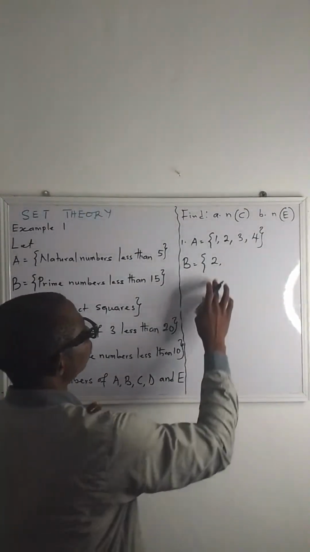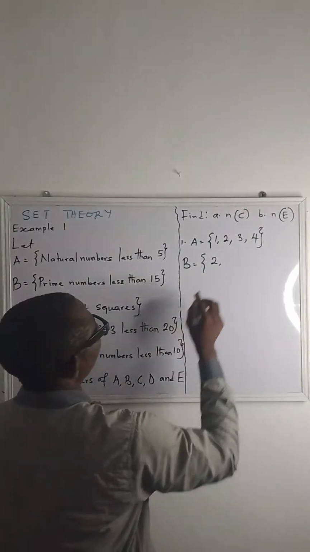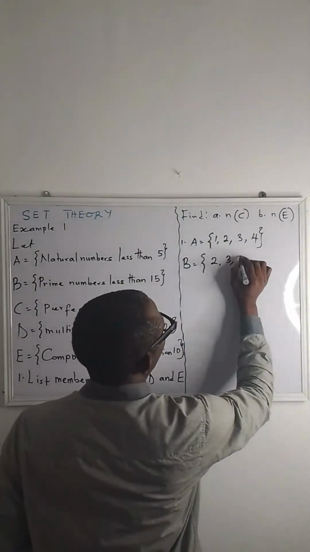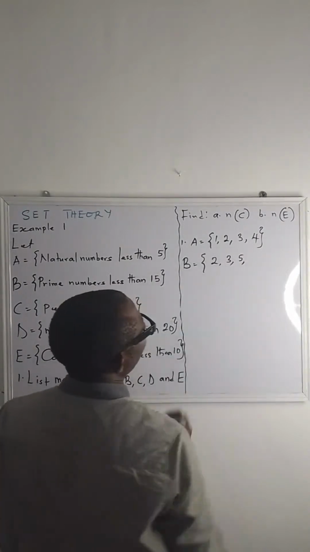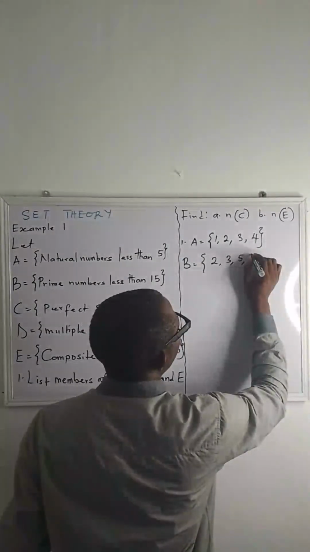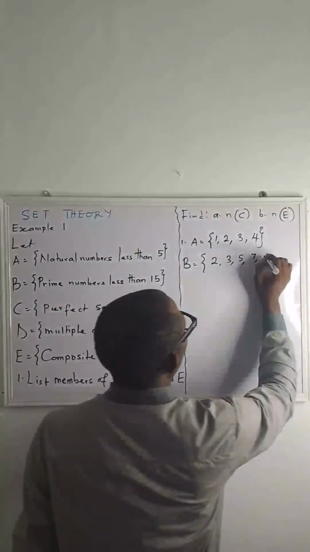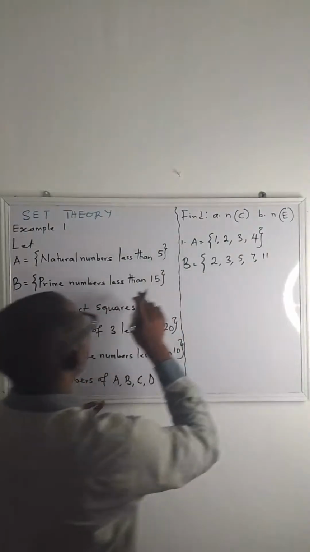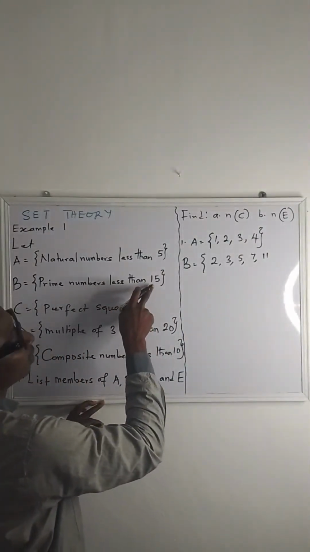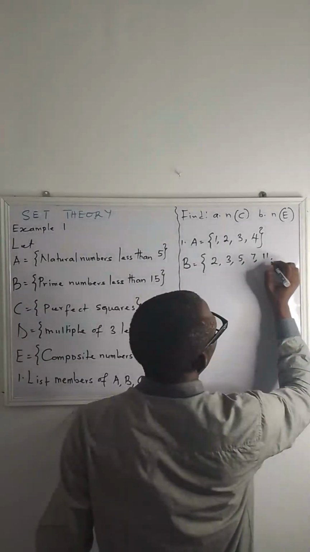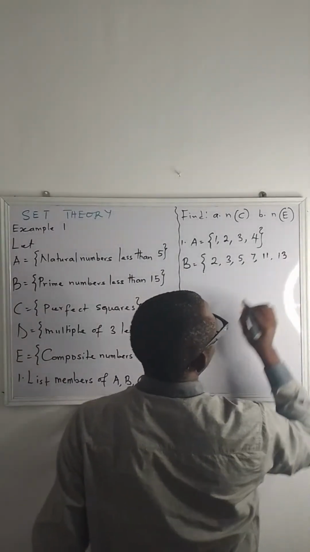So the first one is 2, followed by 3, followed by 5, followed by 7, followed by 11. Don't forget, we are not going beyond 15, so followed by 13.